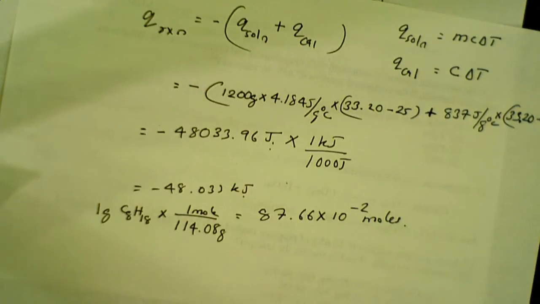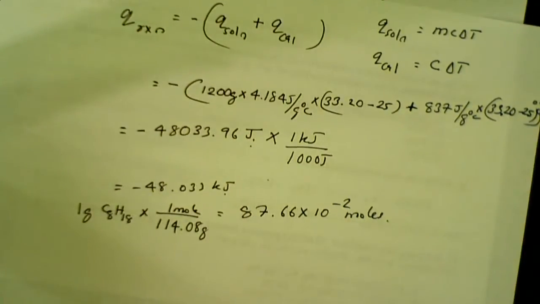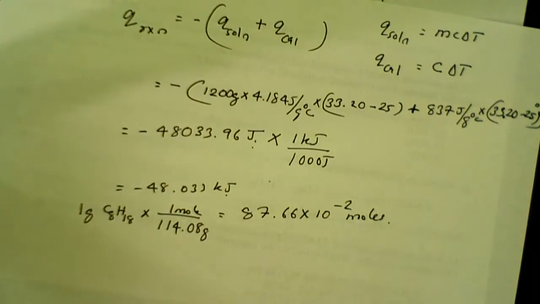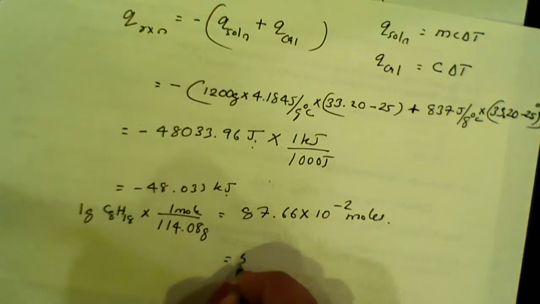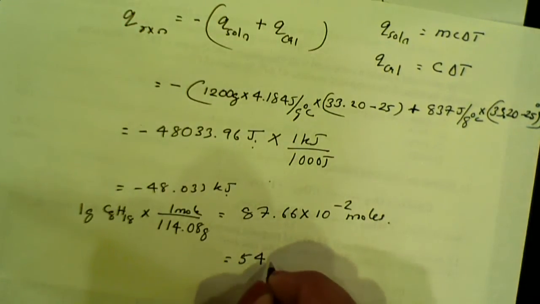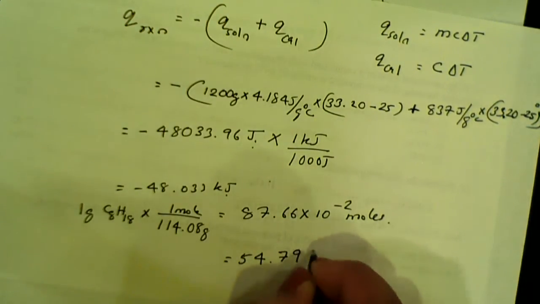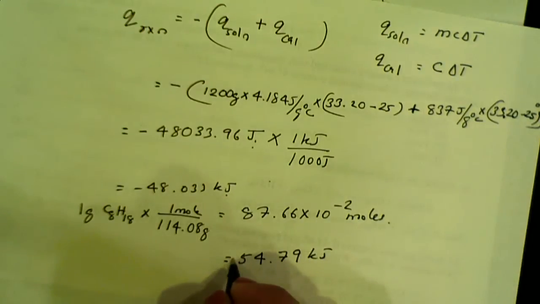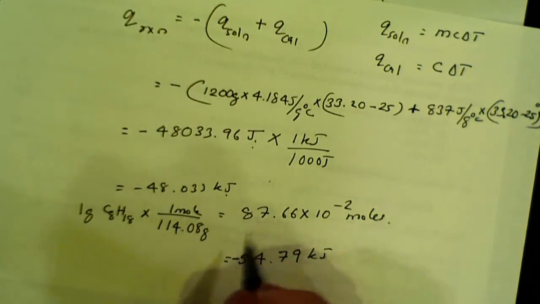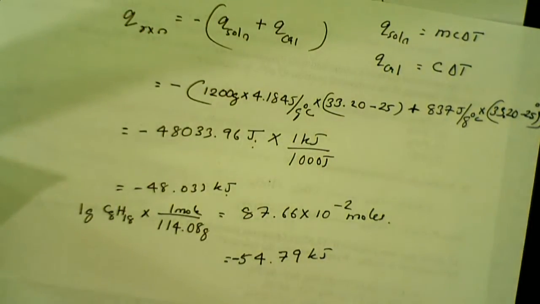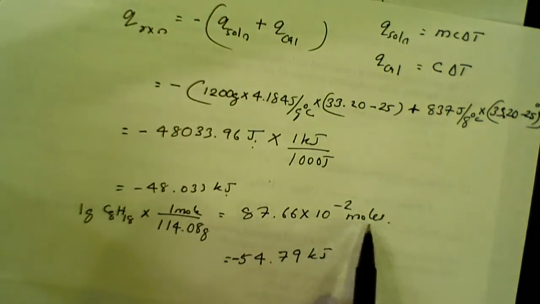And then you have to divide the given kilojoules by the number of moles, which is 48.033 divided by 87.66 times 10 to the power of negative 2.